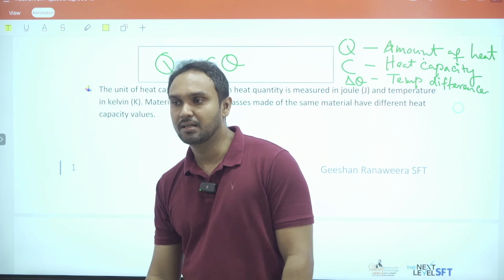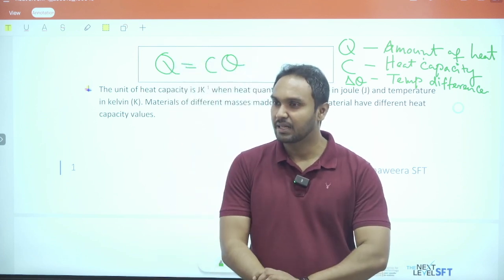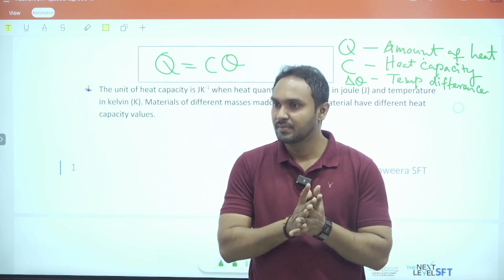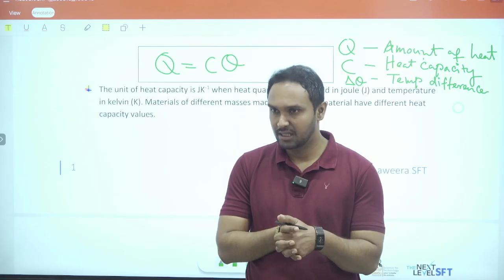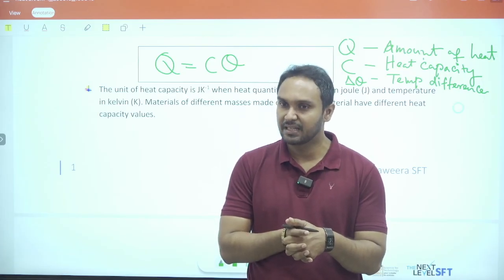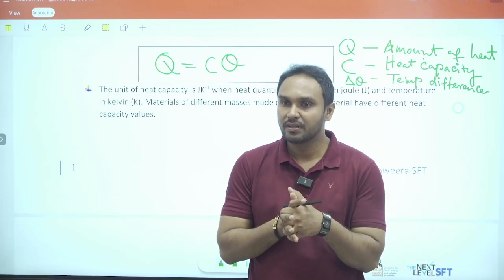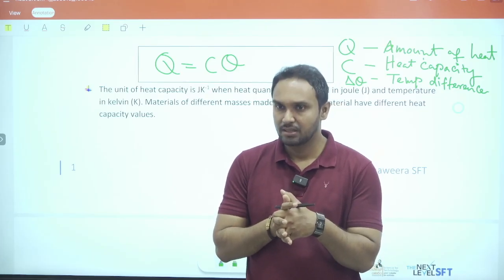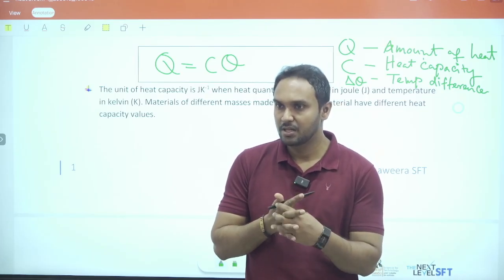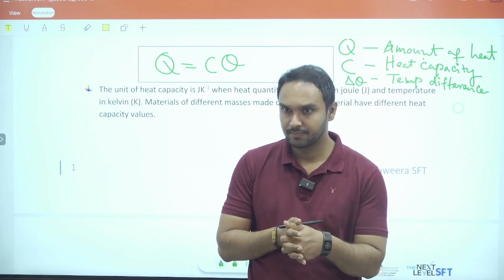So when the material changes, what happens? Yeah, the heat capacity changes. So the heat capacity and the specific heat capacity greatly depend on the type of material that you will be using.